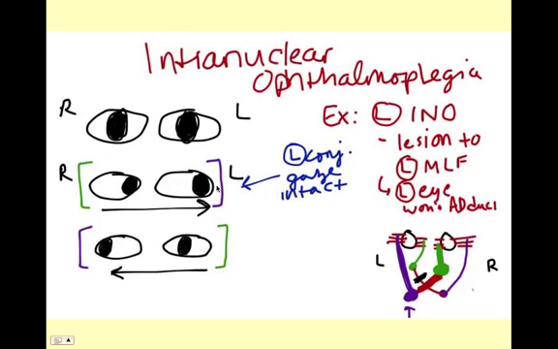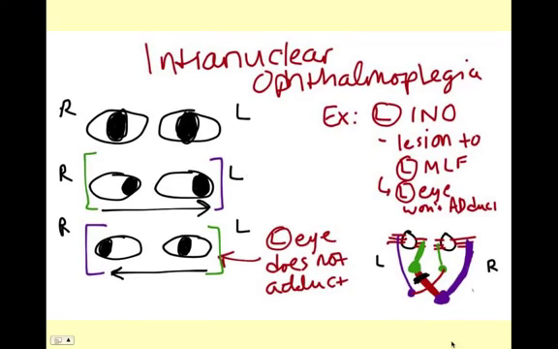Now let's say we want to look to the right. Here's our problem. If we want to look to the right, we have to activate our right abducens nucleus. Now that's fine for our right eye. Our right eye, there's no problem because the MLF has nothing to do with the abducens nerve that goes to the lateral rectus. So the abducens nerve is perfectly intact. The right eye can move to the right, and see it does right here. So the right eye is moving to the right, but at the left MLF, right here, we have a problem.